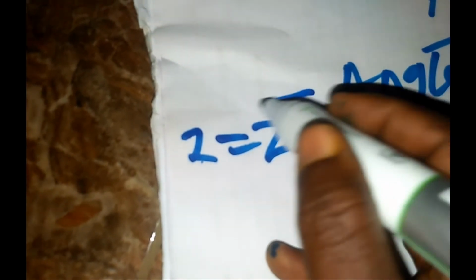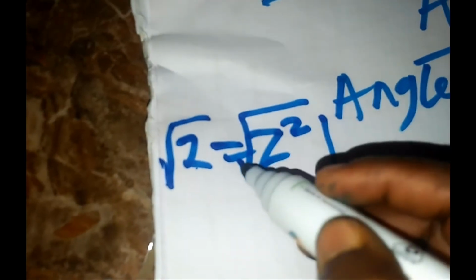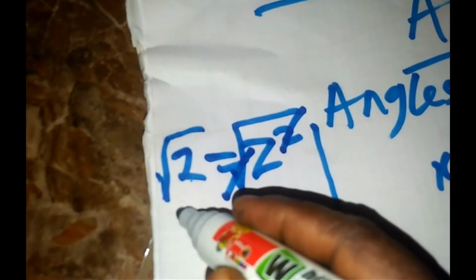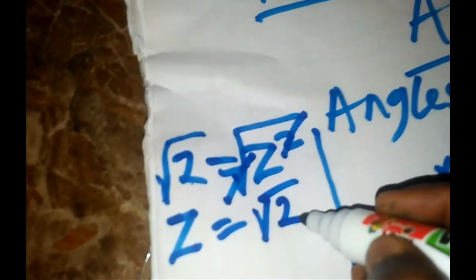So if we say 2 equal to z squared, we look for square roots of both sides, and square root cancels square, so we are left with z to be the square root of 2, and that's it. z is the square root of 2.